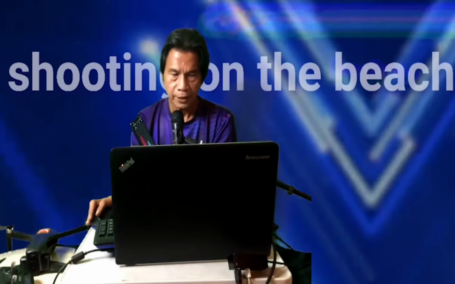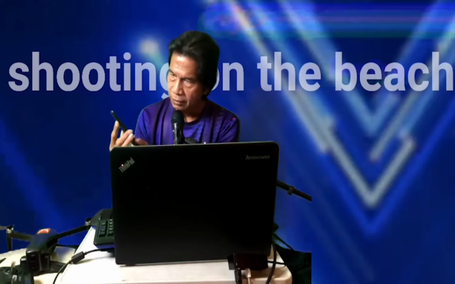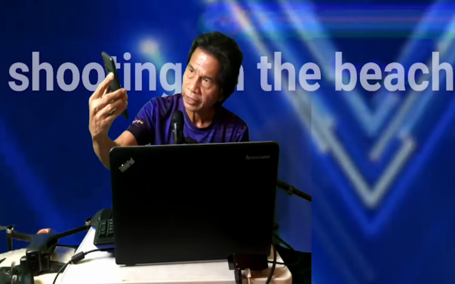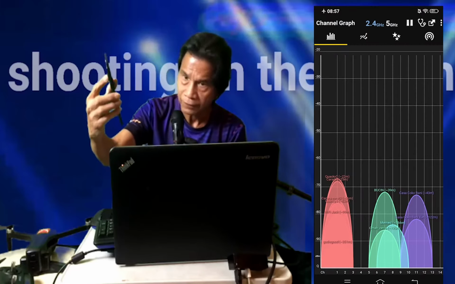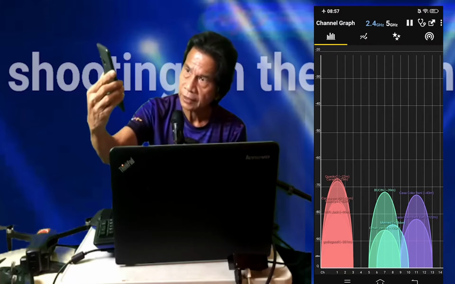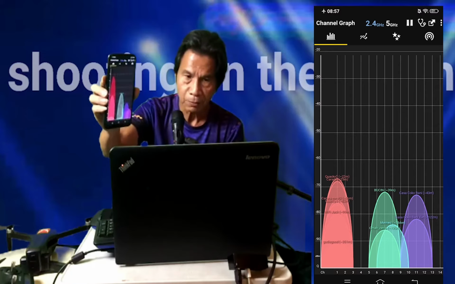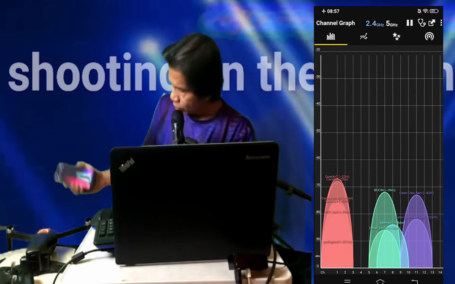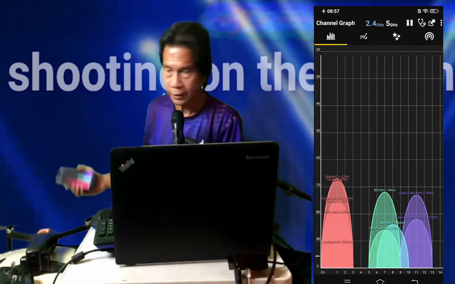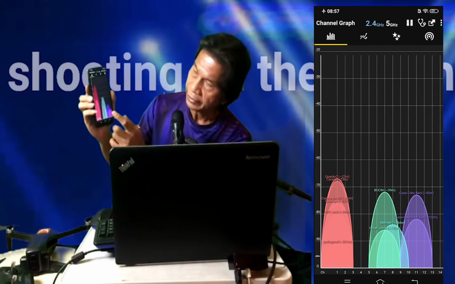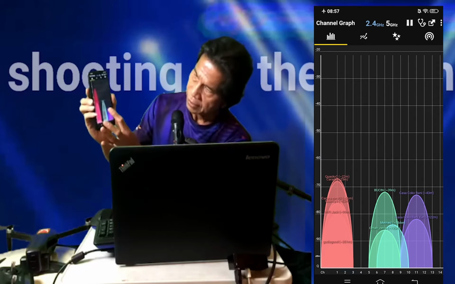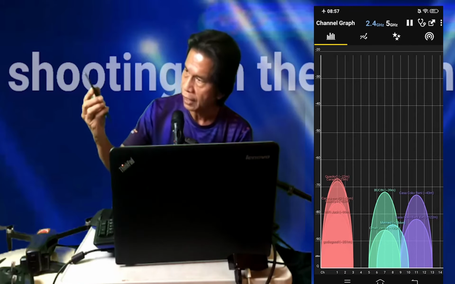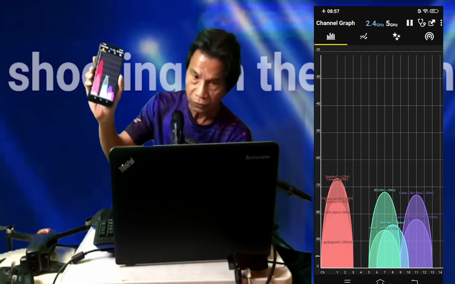So this mobile phone already detects the existing signals of my home internet router and the other neighbors' internet routers, switches, and providers. I don't know, there are a lot of these.